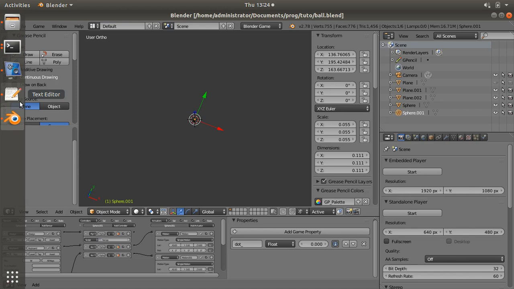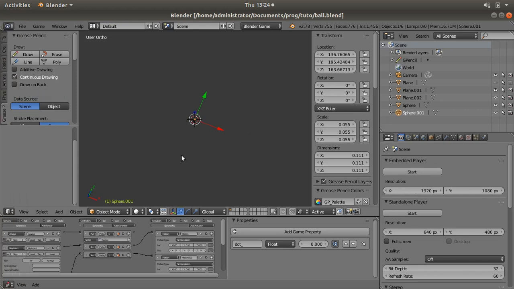So I think the next thing I'm going to talk about is vector projection.